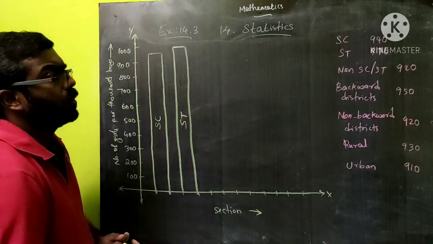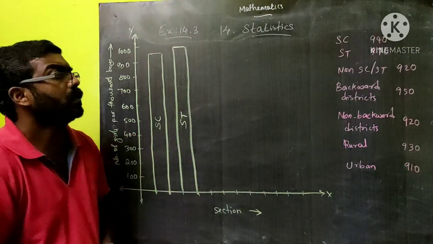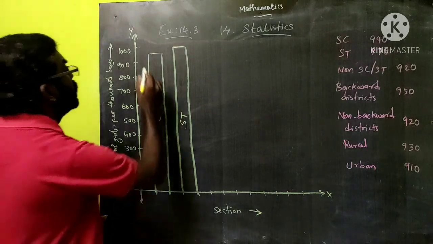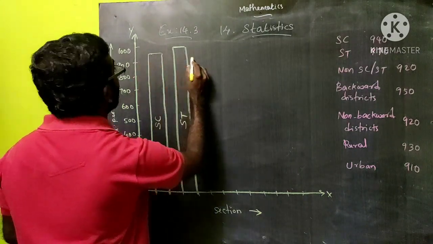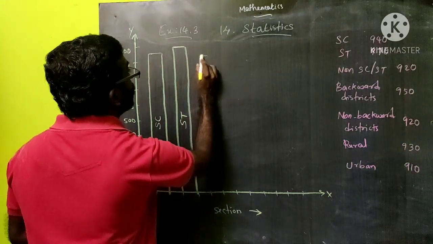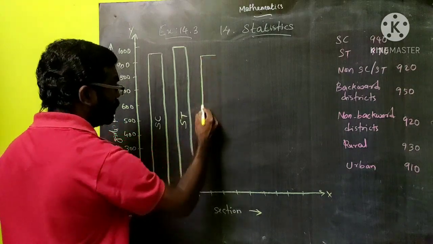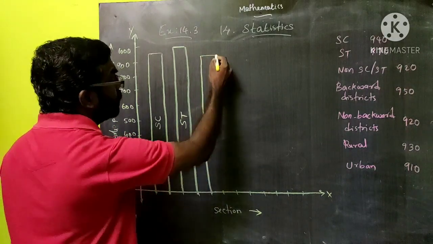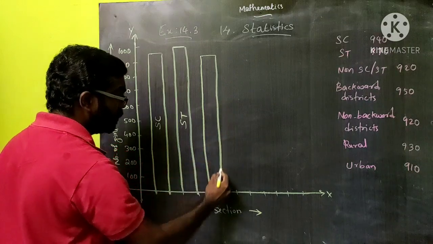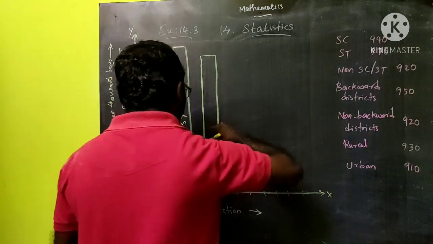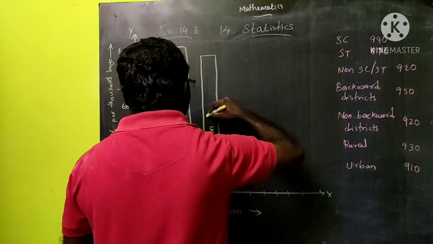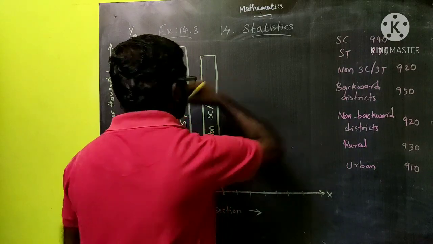Third one is non-SC or ST, 920. Okay, this is non-SC/ST.